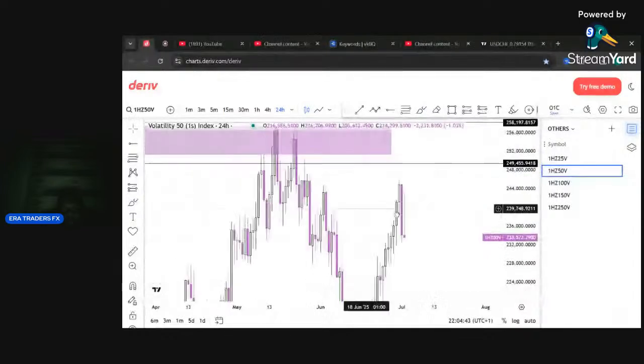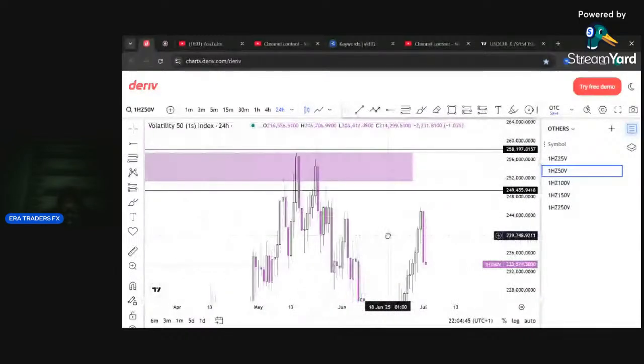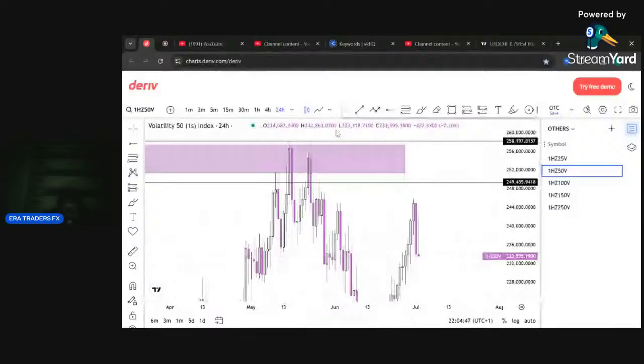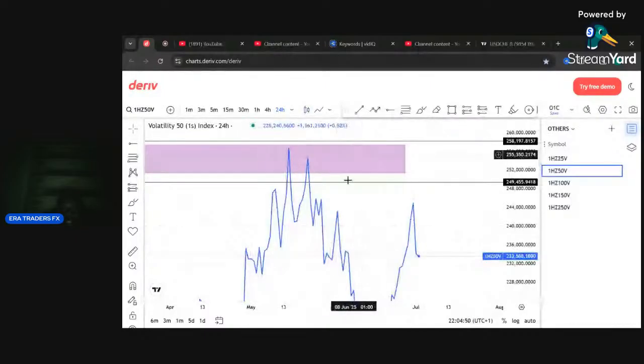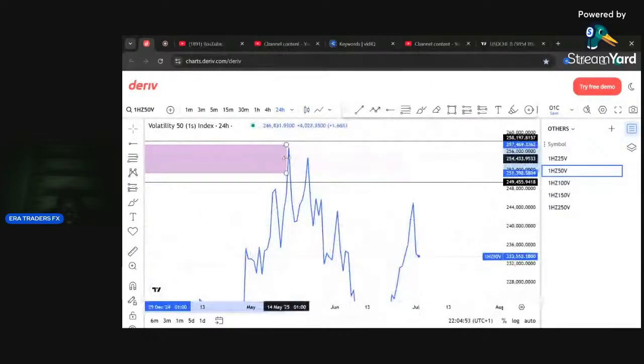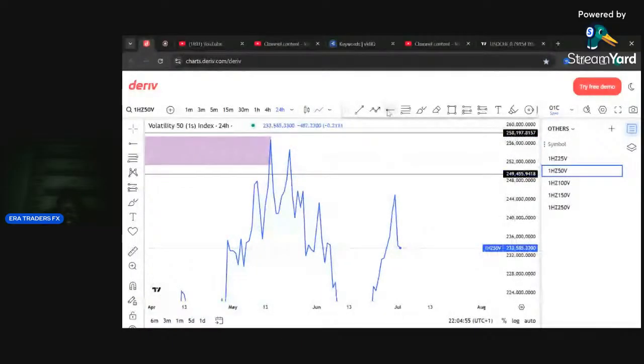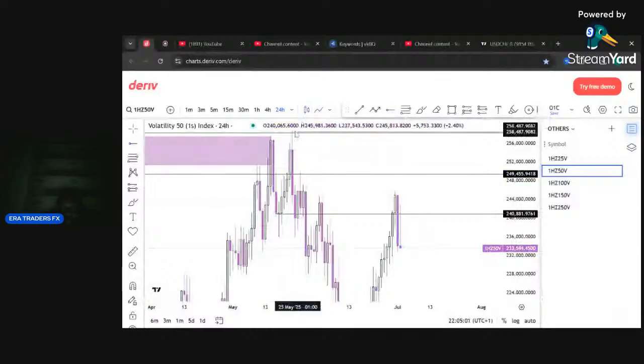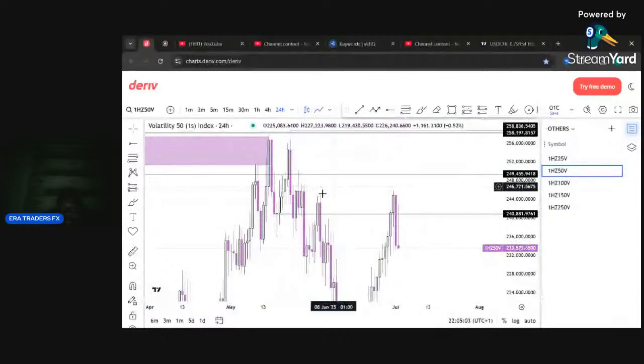Using this, you see that first area of liquidity. Let's use the line chart now. On the line chart, you see that the first area of liquidity we have here is this level all the way to this up. So don't mind the other small ones.